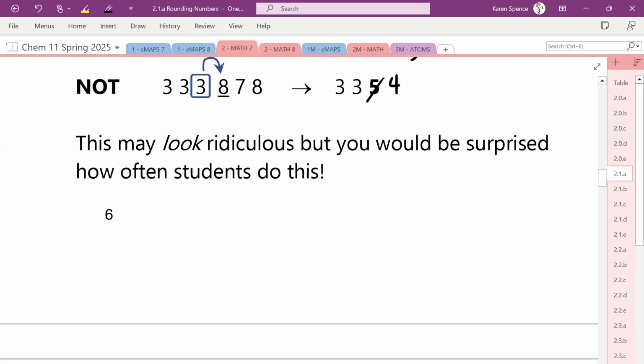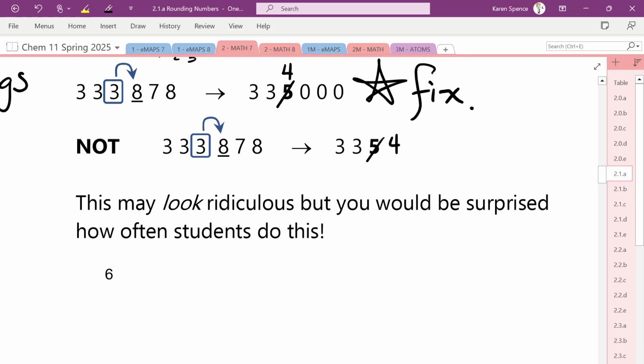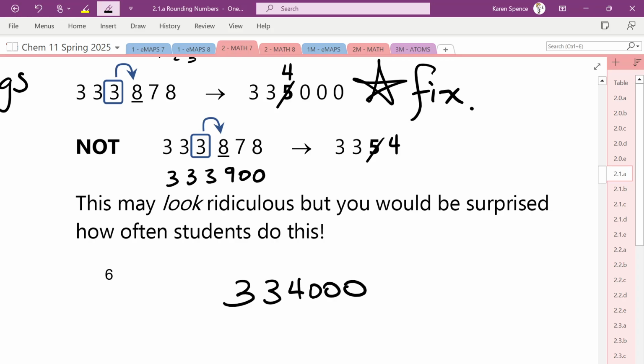So that would become 333,900. No, I mean the same number, 334,000. I mean 334. Yeah, the same number, but an overbar with 0 and 4.